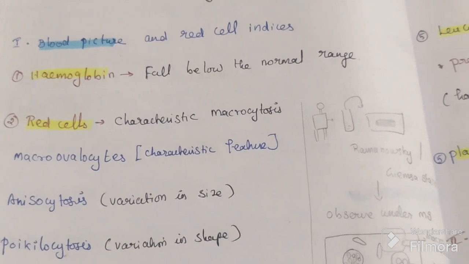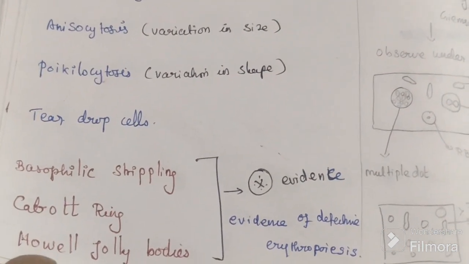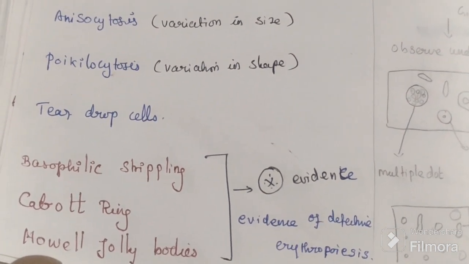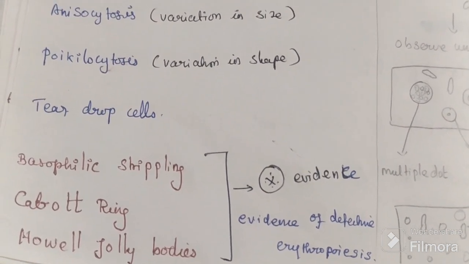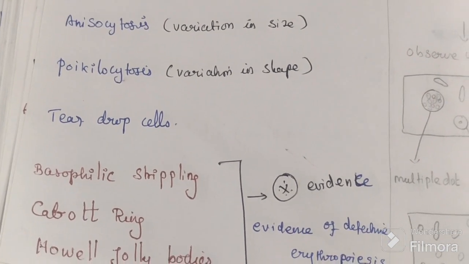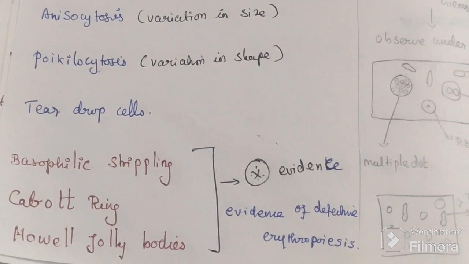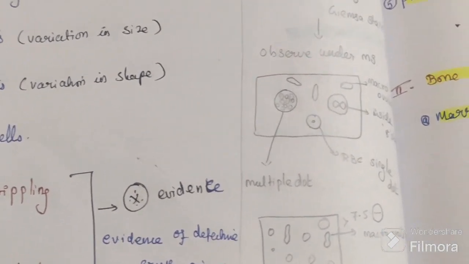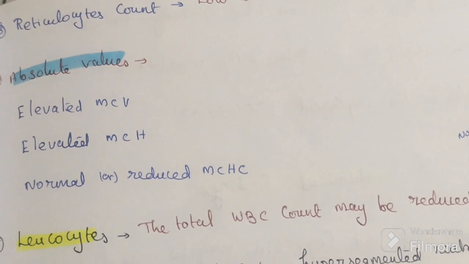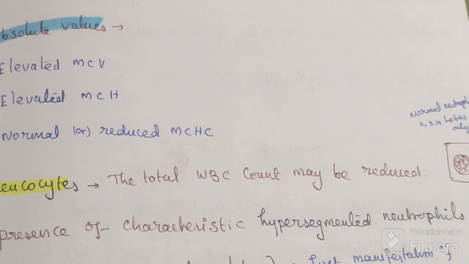Then the three important features. What are they? Basophilic stippling, then Cabot rings, then Howell-Jolly bodies. These are the important characteristic features. Then MCV and MCH elevated, MCHC normal or reduced.